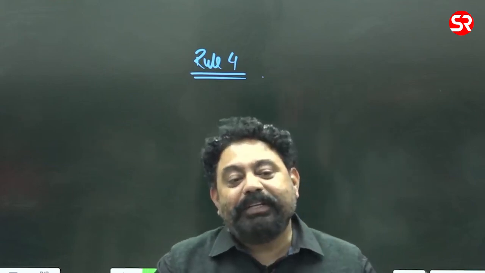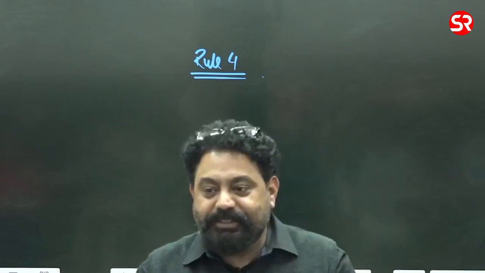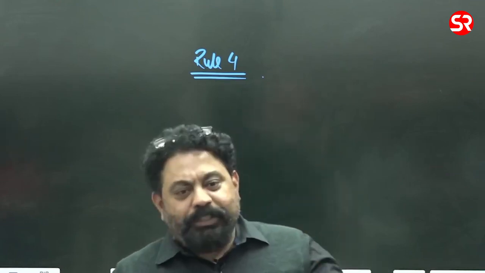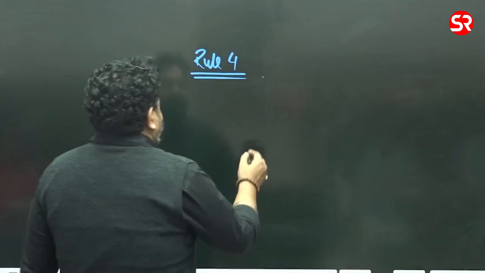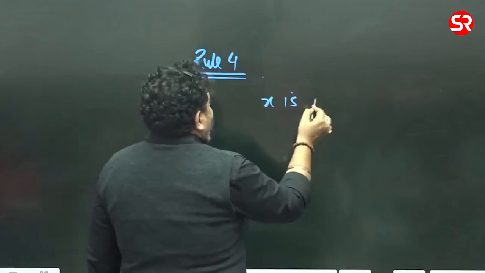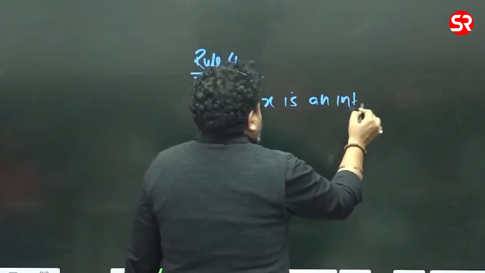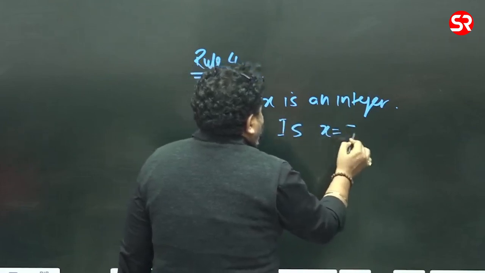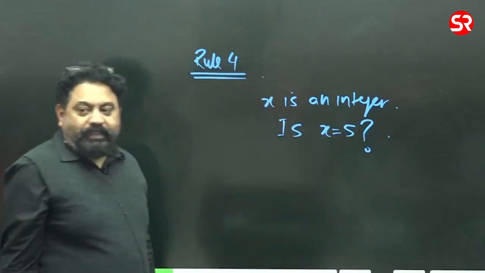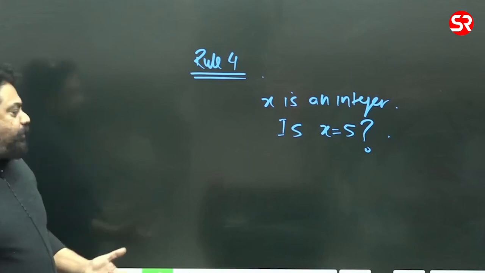So what do you mean by this in context of data sufficiency? I'm giving you a question. Question का answer बताओ, ठीक है? Then you would get it, right? I say x is an integer. Is x equal to 5?